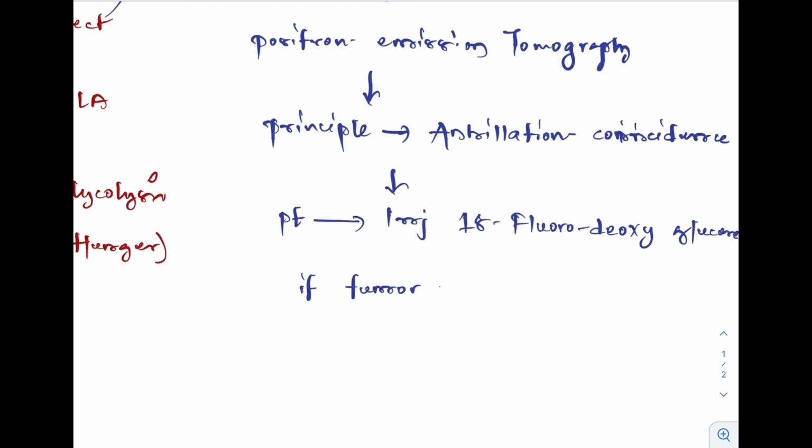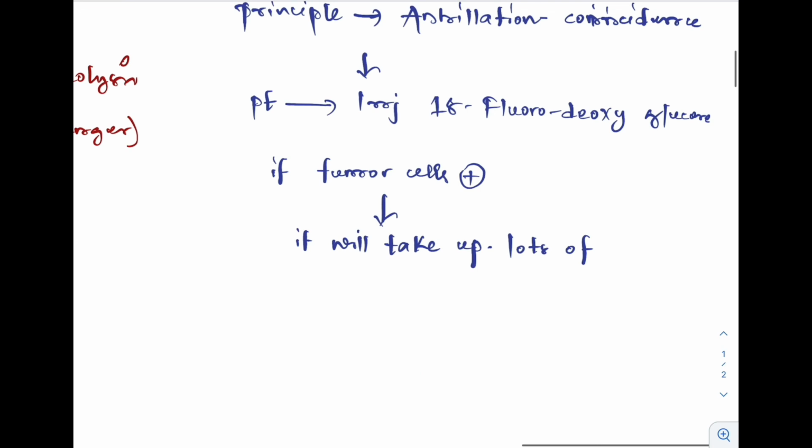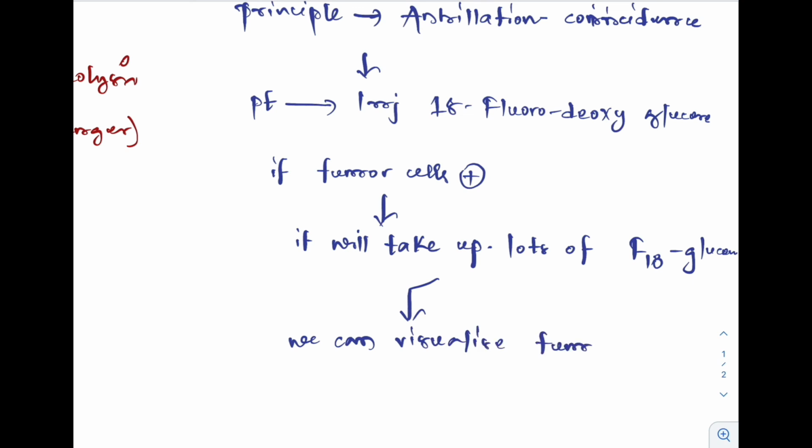If the patient has tumor cells in the body, they will take up lots of F18 glucose, or 18-FDG. In this way we can easily visualize or locate the tumor cells.